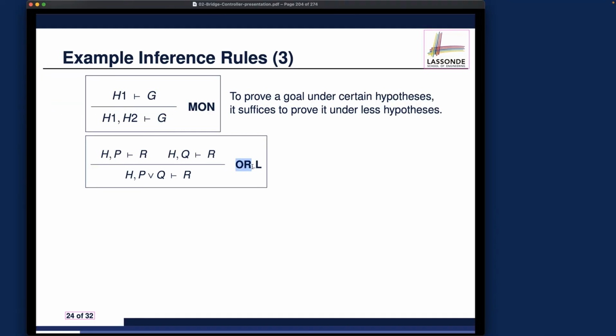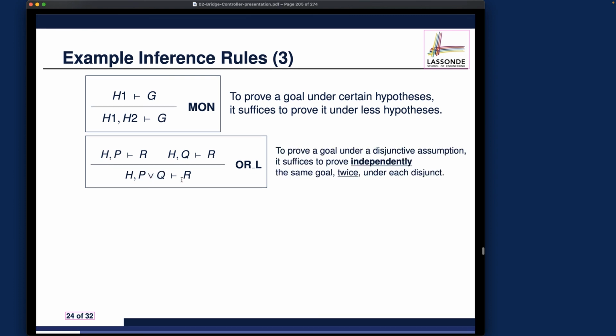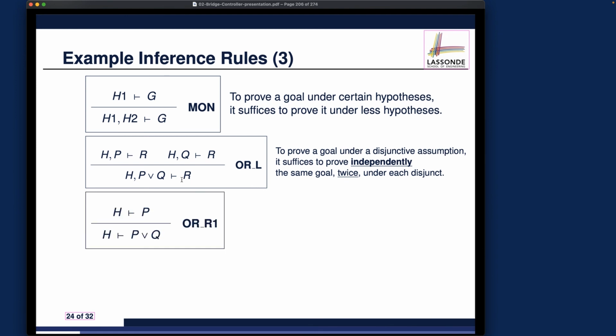It's called the or and then left, meaning that the left over here is really to the left of the turnstile. That's why it says the left. And we're talking about one of the hypotheses being a disjunction. You can also look at the written text as well. And two more. Here R means that we are talking about the right of the turnstile.